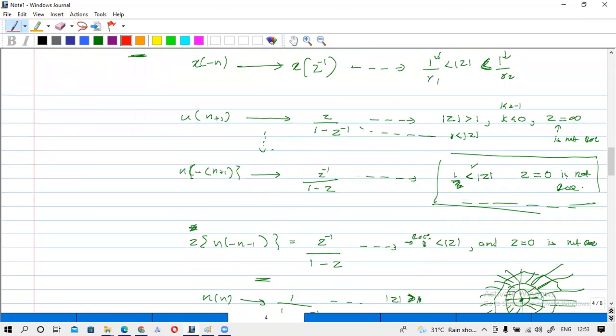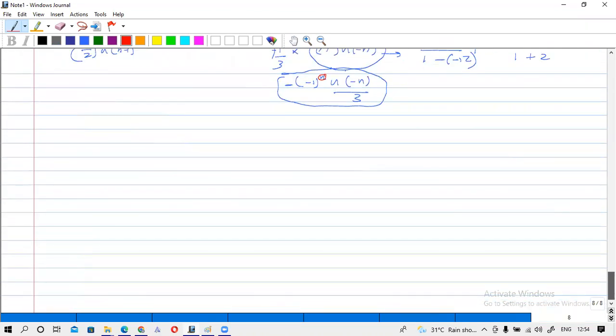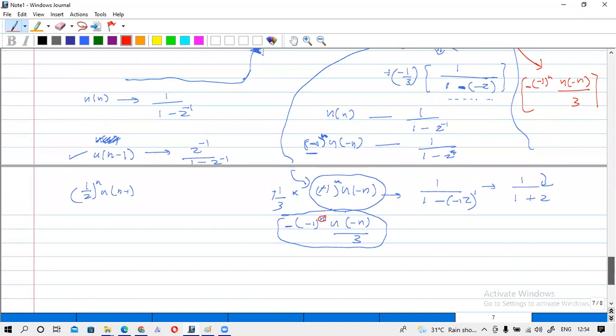I'm sorry. So here you have 1 minus z^-1, u[n-1], z^-1, 1 by z^-1. So I have to put (1/2)^n, n minus 1. So for all the z values I have to put that, not only here.